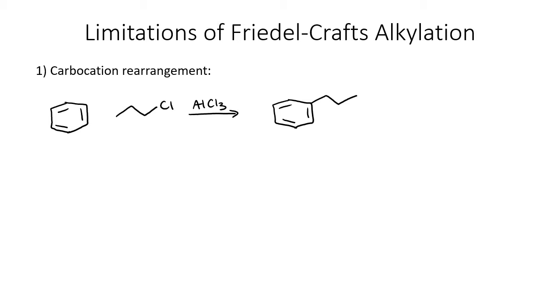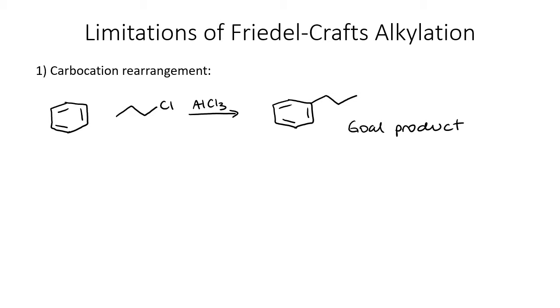Now, because the Friedel-Crafts alkylation involves a carbocation, there are a few limitations that we have to take into account when we're considering the different types of alkyl groups we can install on the benzene ring. So for instance, if we wanted to install a straight chain alkyl group using this alkyl halide to create a benzene ring with a 3-carbon straight chain, this would be our goal product, we have to think about the mechanism.